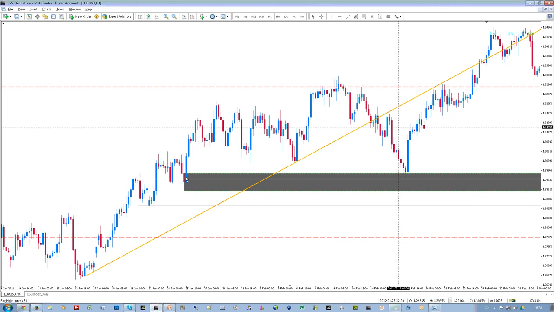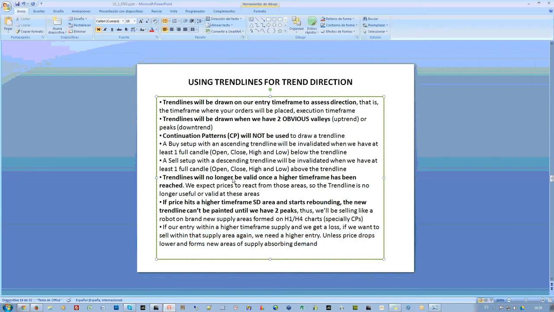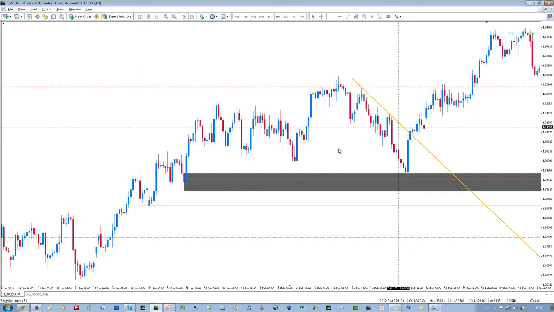So we have this untested level, and since we have reached a daily supply area, a higher time frame, this trend line was something like this, and was no longer valid. Remember the rule: once we reach a higher time frame area, we expect that area to react. So this trend line is no longer valid.